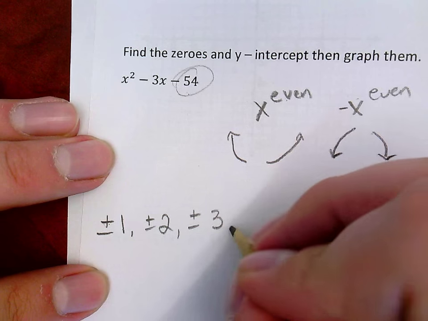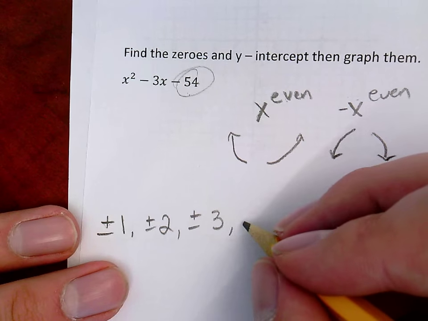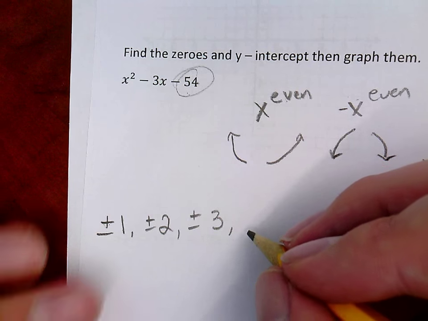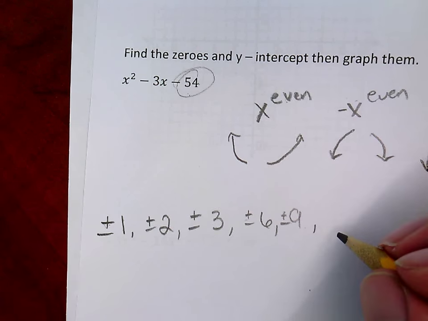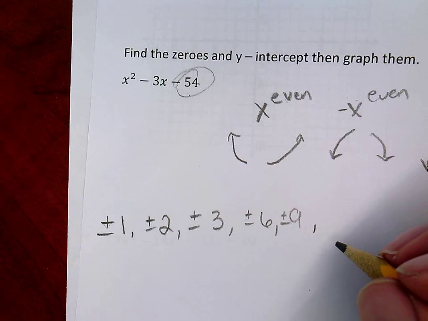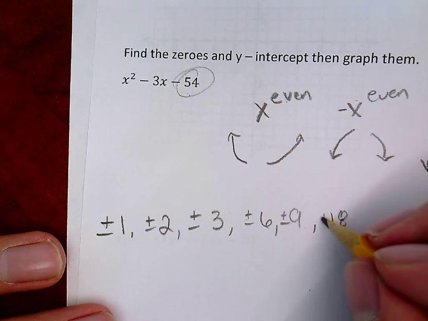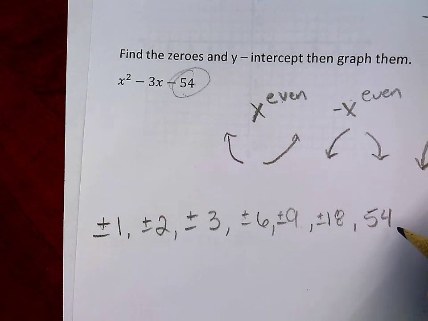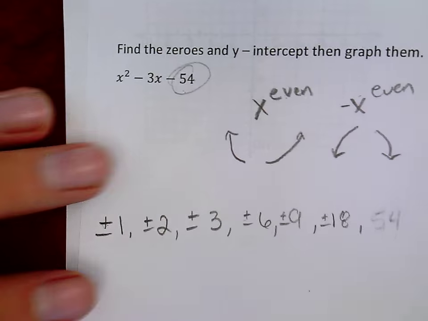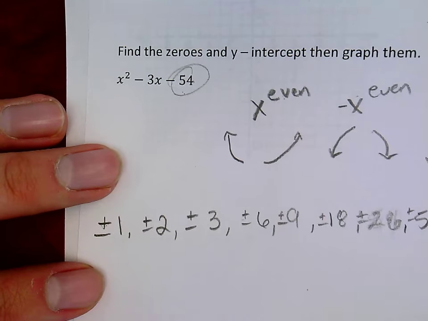So once I keep going through this, I know that 3 can go into 54. 4 cannot, 5 cannot, 6 can, 7 cannot, 8 cannot, 9 can, 10 cannot, 11 cannot, 12 cannot, 13 cannot, 14 cannot, 15, so on and so forth, till we get to 18 and 54. Then 27, then 54.